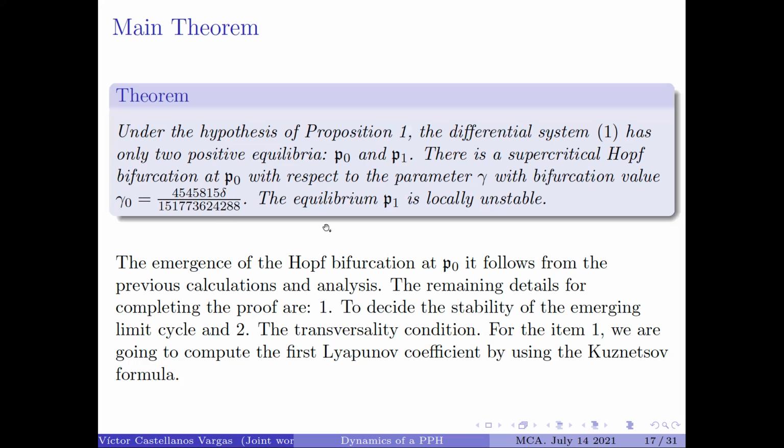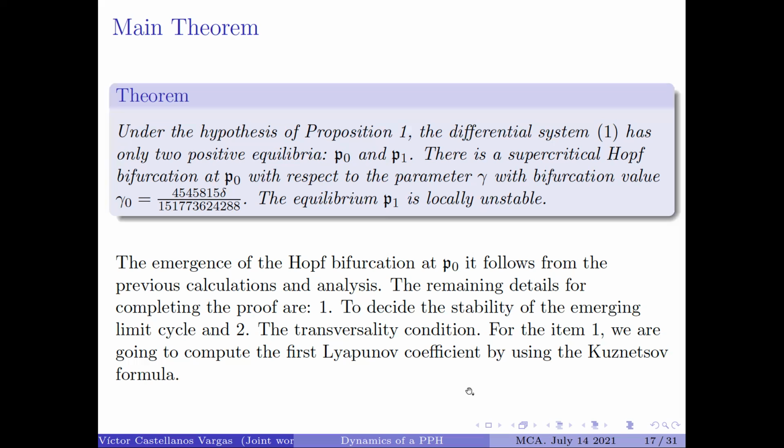And the equilibrium point P1 is locally unstable. The instability of the point P1 is already proved in the proposition. And the first part to apply the Kuznetsov formula is also proved in the last proposition. So the emergence of the Hopf bifurcation at P0 follows from the previous calculation and analysis.